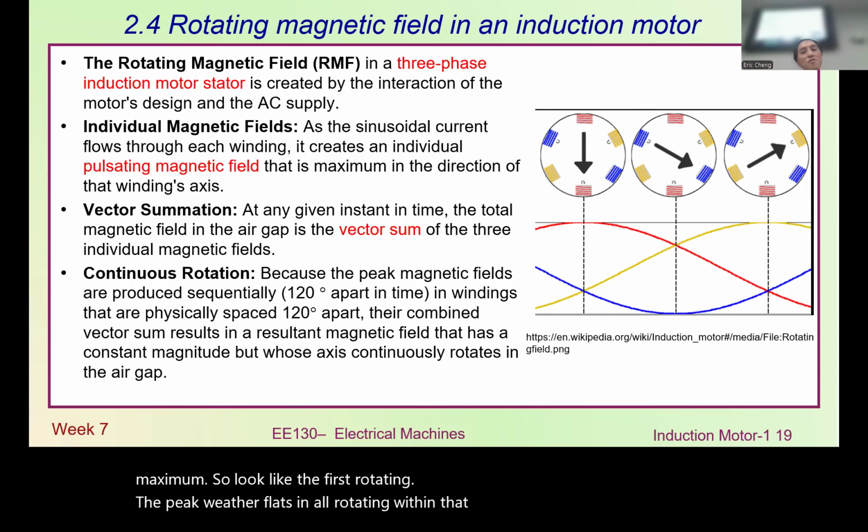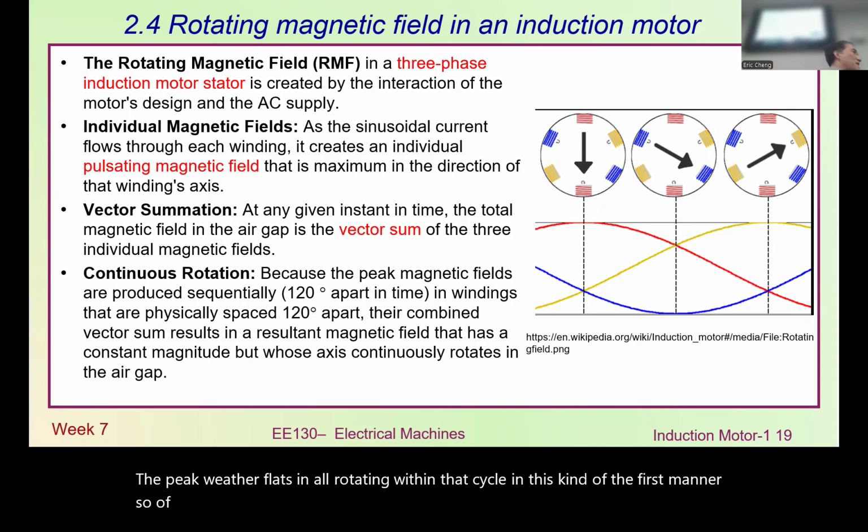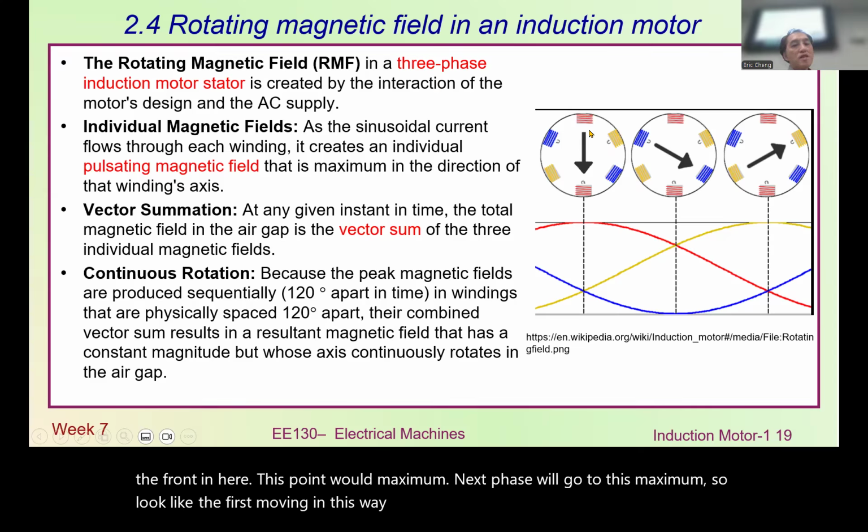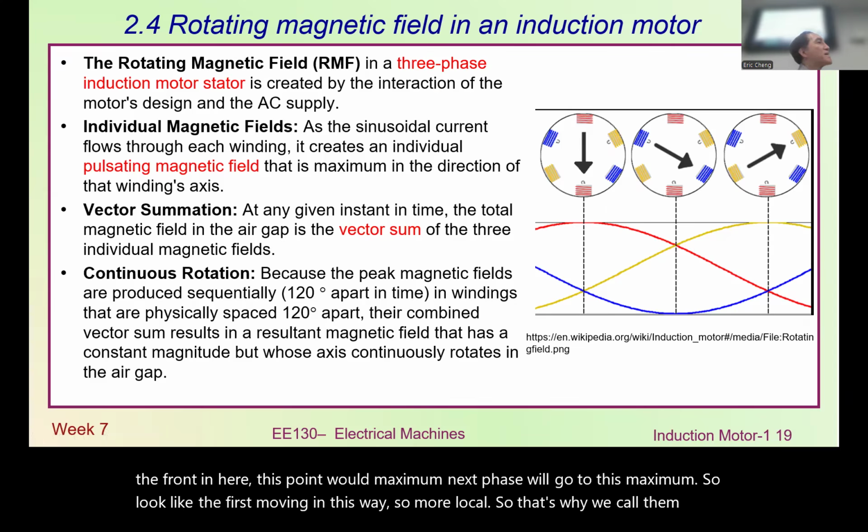Of course, the flux is not actually moving, but you can imagine the amplitude of the flux at this point will be maximum, then the next phase goes to this maximum, so it looks like the flux is moving in this way. So that's why we call it the rotating magnetic flux. That's how it really looks.